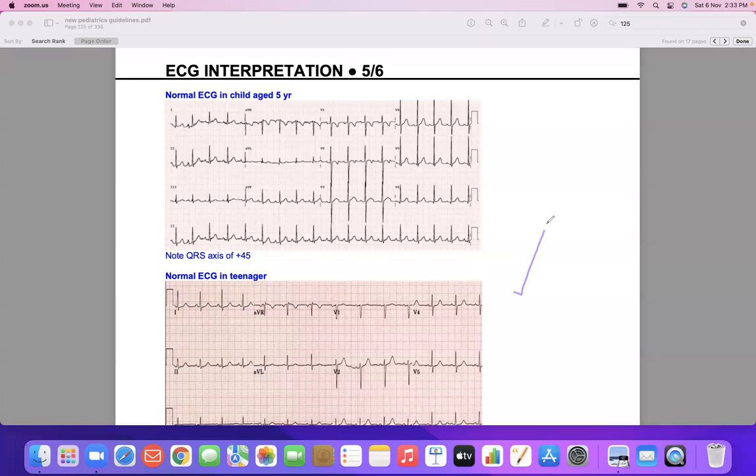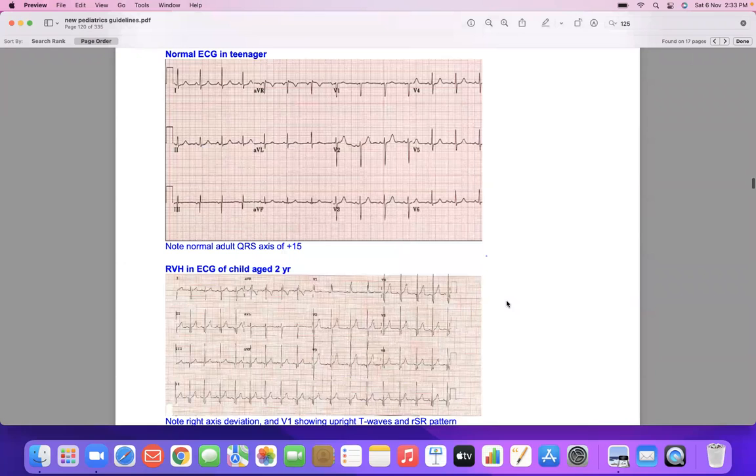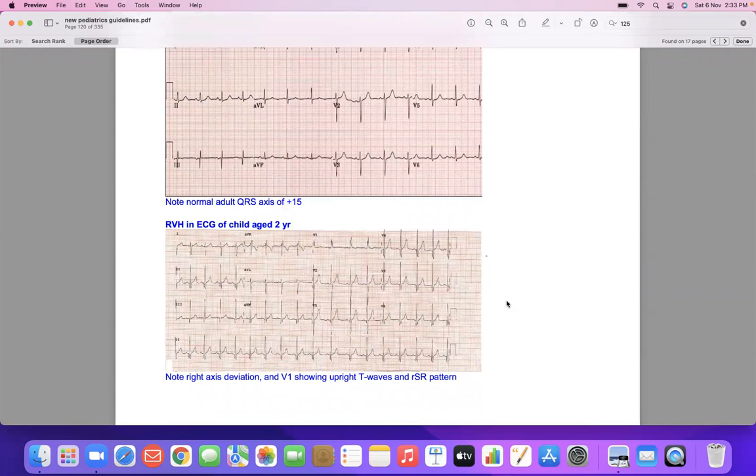And for that, you can remember R waves have centiles and also there is calculation. Not for every child it is the same. So more than the 98th centile for their age and sex. So here he is showing RVH in the ECG of a child of 2 years.